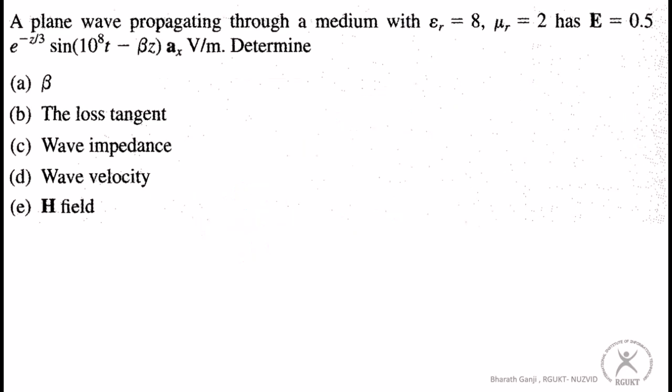The next one is wave impedance. So intrinsic wave impedance is nothing but the square root of j omega mu divided by sigma plus j omega epsilon. Omega is given here as 10 to the power of 8.